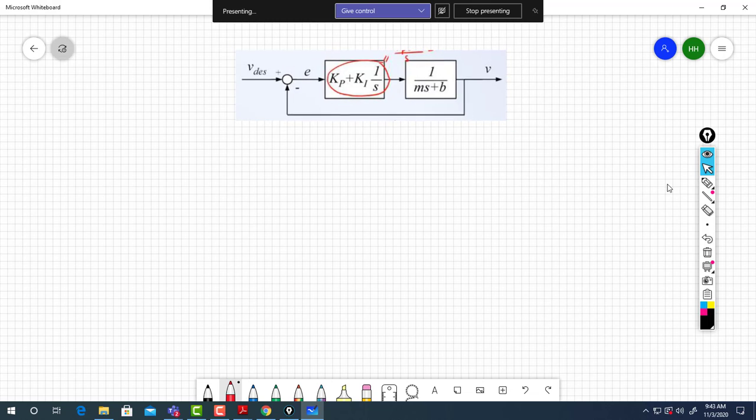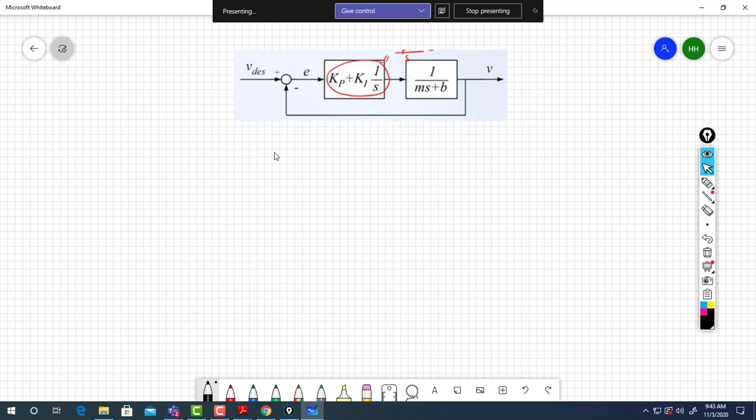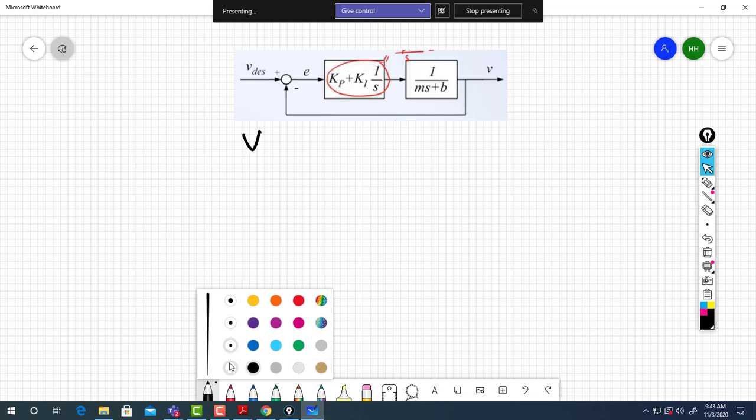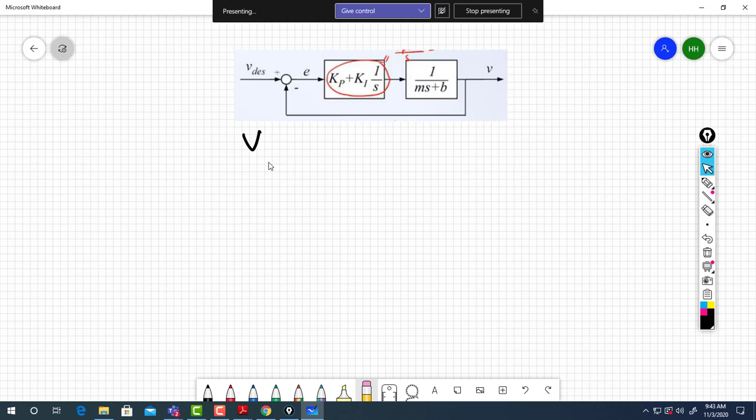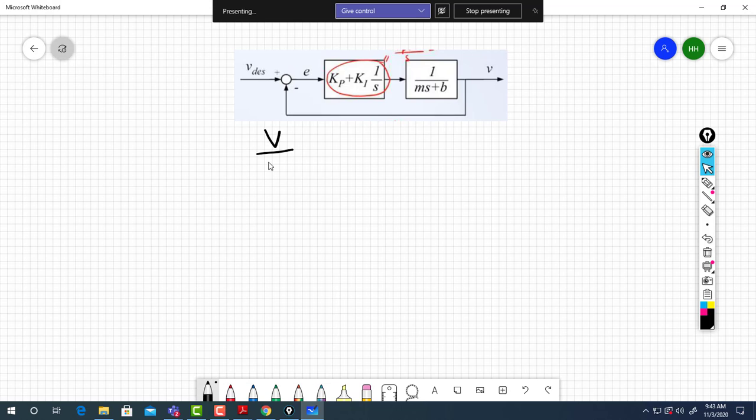So they said find the closed loop transfer function. Closed loop transfer function, then it is V over V desired.